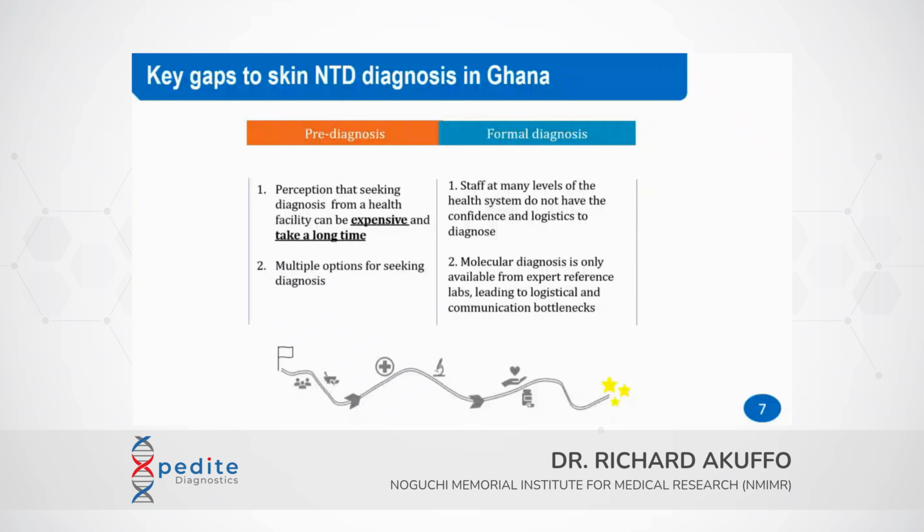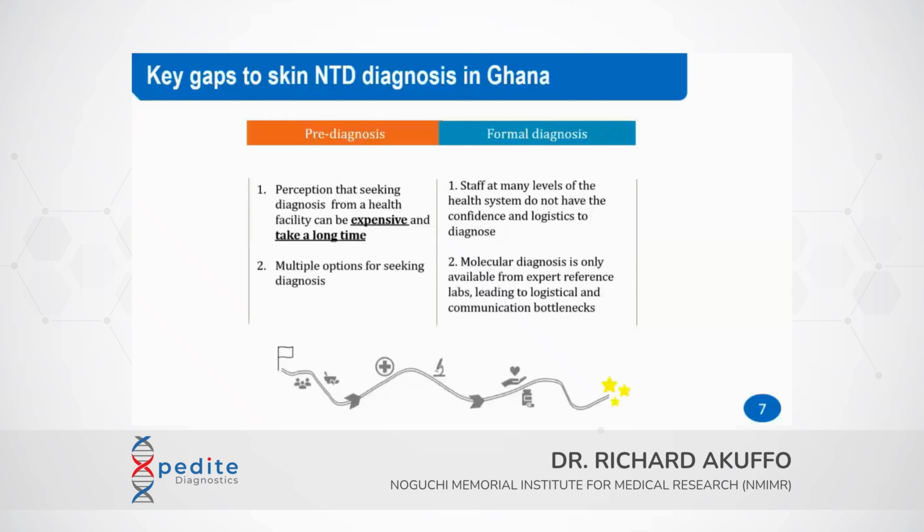So several health workers don't have sufficient exposure to some of these, and that impacts the level of confidence where a point of care test is available. But in many cases, like I showed earlier, they have to do molecular diagnosis, and this is available only from expert reference labs, and that leads to both logistical and communication bottlenecks across the chain, across the different cadres of staff and also facilities.